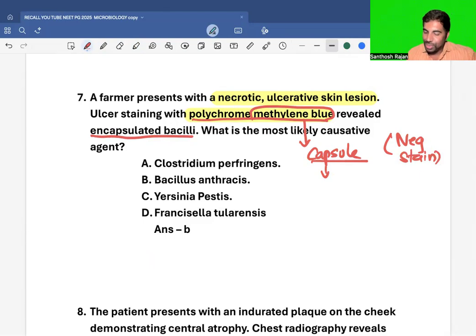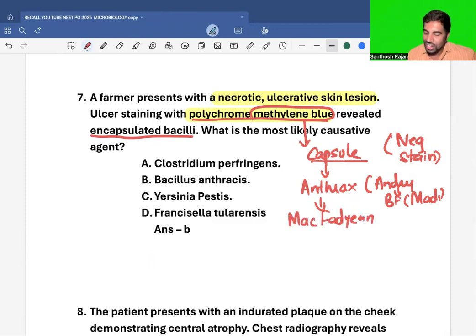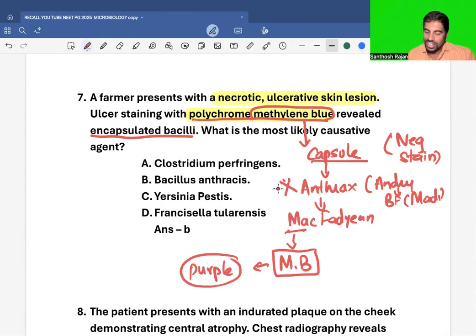But we told, especially for anthrax, our clue was Andrea, and Andrea's boyfriend is McFadyean. So here we do the McFadyean reaction, where you use methylene blue. M for M, methylene blue. When you use methylene blue, you get a purple color and the capsule is visible. That is only for Bacillus anthracis, not for any other organism.